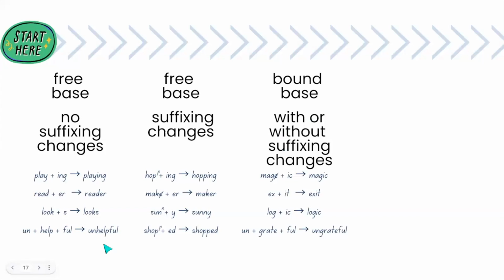Once we've managed free base words and they're really like on a roll, then we introduce this idea of bound bases. Bases that hold meaning, but we only recognize as a word once it's been suffixed or affixed, I should say. And so here's some examples of bound bases. So if you look at the second one here, IT is the base.